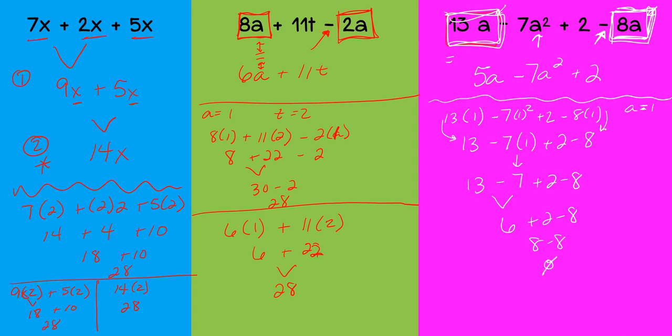I should get 0. So now, if I use my other expression, 5 times 1 minus 7 times 1 squared plus 2, I should get 0 if my expressions are equivalent. So I get 5 minus, well, in here we know that this is just going to stay as 7, so I'm going to skip a couple steps here just because I'm running out of space very quickly.